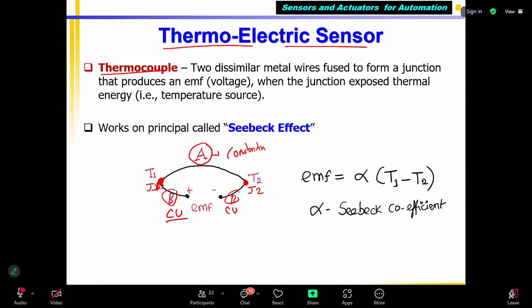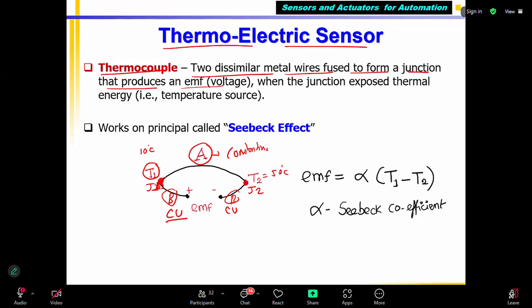Now there are two junctions, and one junction, J1, is exposed to temperature T1, for example 10 degrees centigrade, and the other junction, T2, is for example 50 degrees centigrade. Two dissimilar metal wires are fused to form junctions, and that produces EMF; this is called a thermocouple.